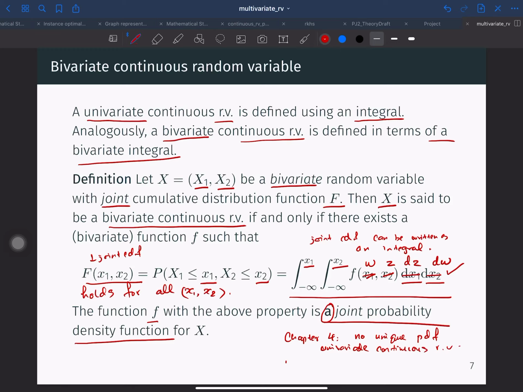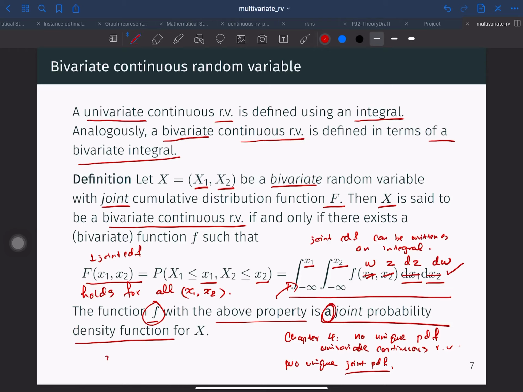Similarly, there is no unique joint PDF. So any function f with this property here will be one candidate. And usually we will have a canonical candidate.